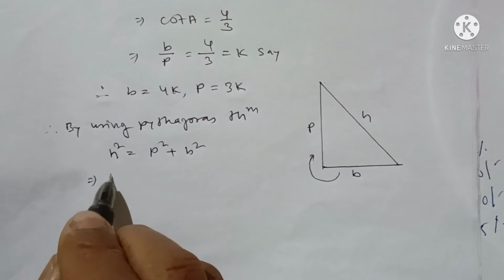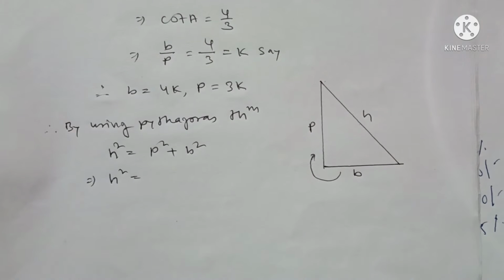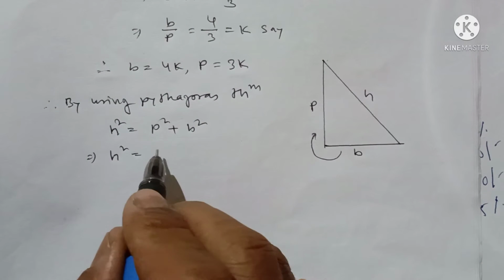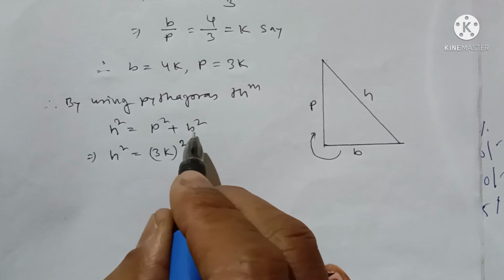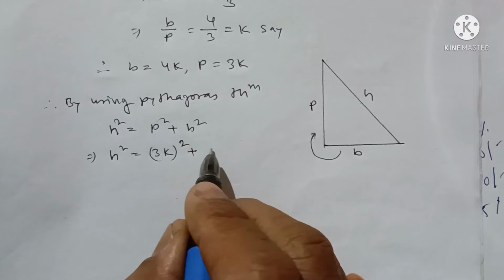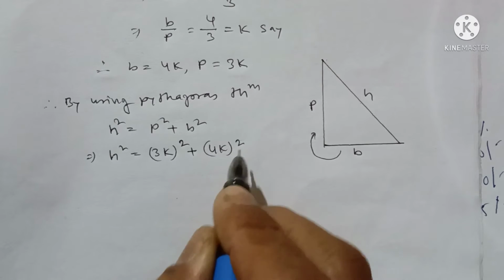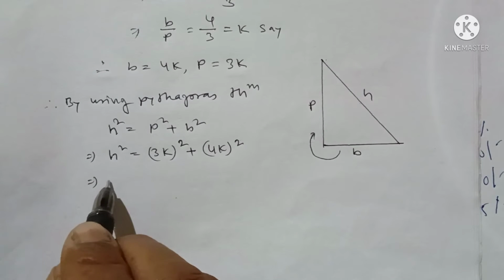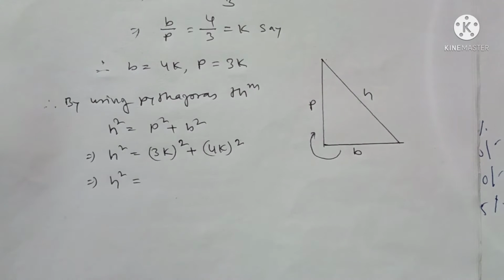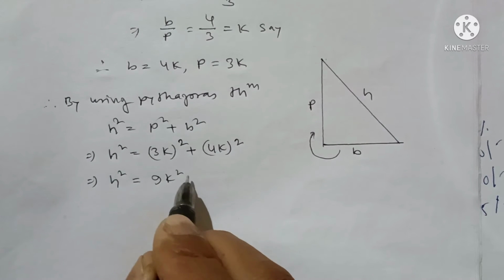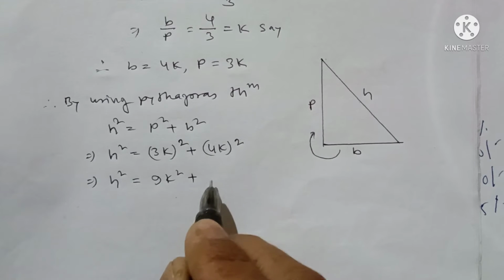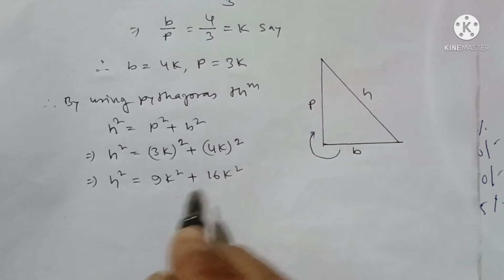This implies H square is equal to 3K whole square, 9K square, plus 4K whole square, 16K square.